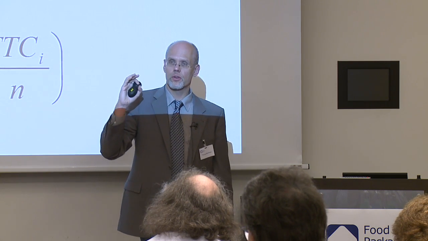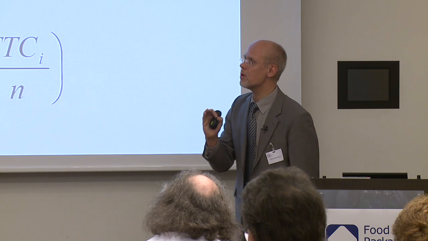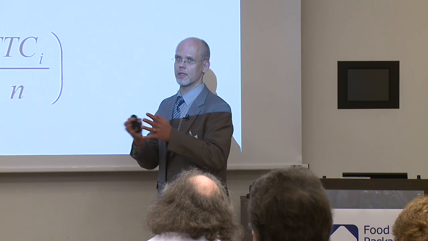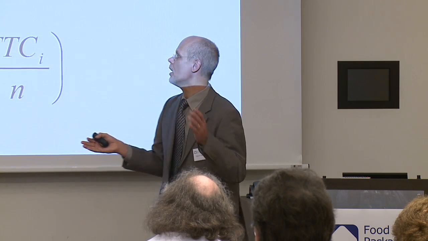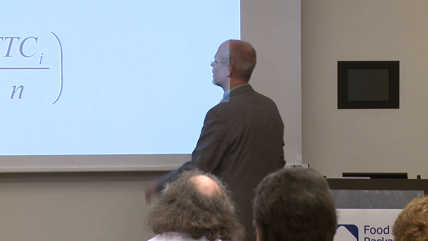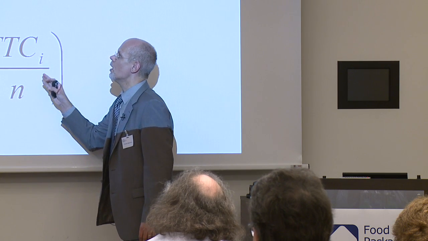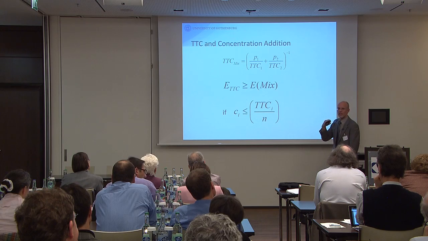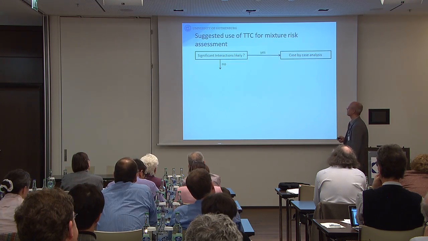So again, the critical measure that we need is the number of compounds that we are expecting or that we see, the number of peaks in a GC-MS chromatogram or something like that. We have to adjust the TTC with that value in order to reach the same protection level as we would reach for each individual TTC.